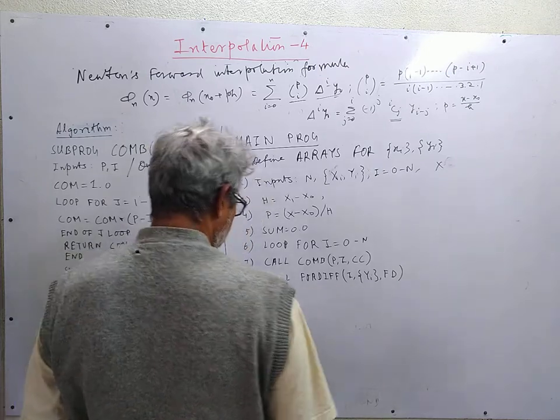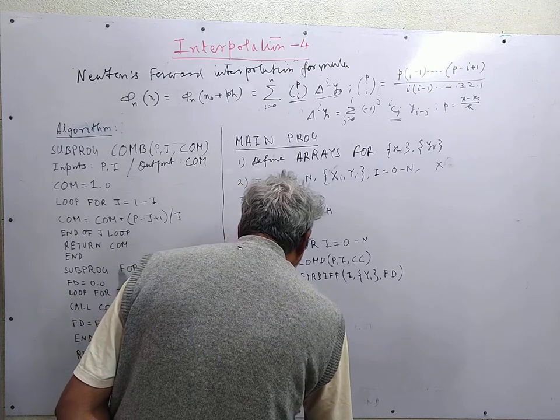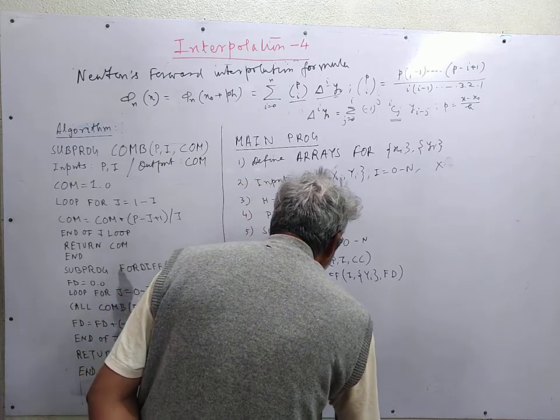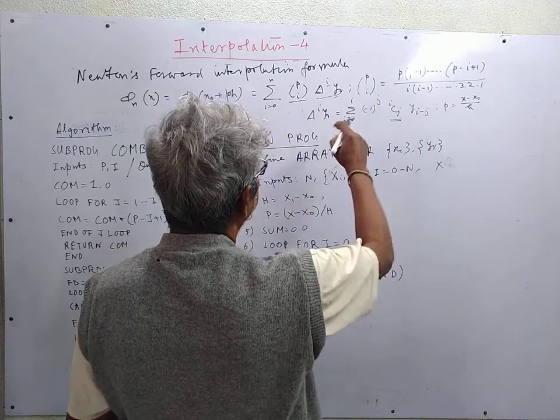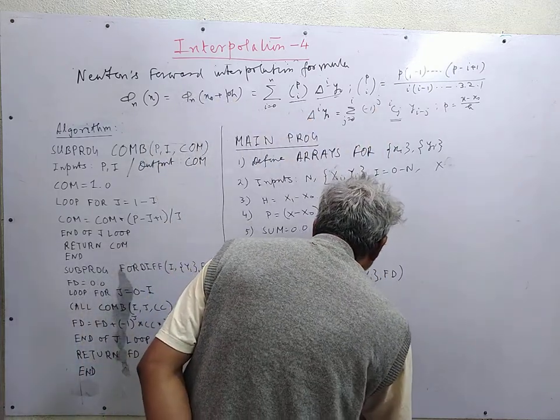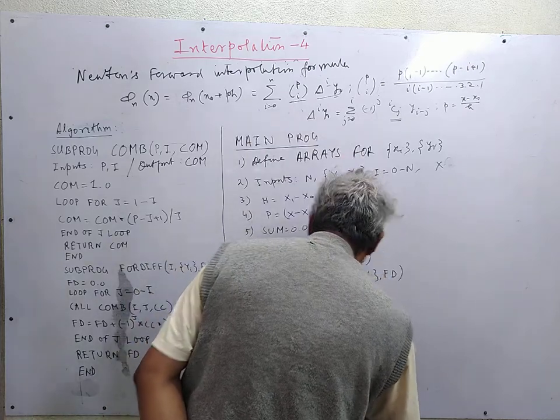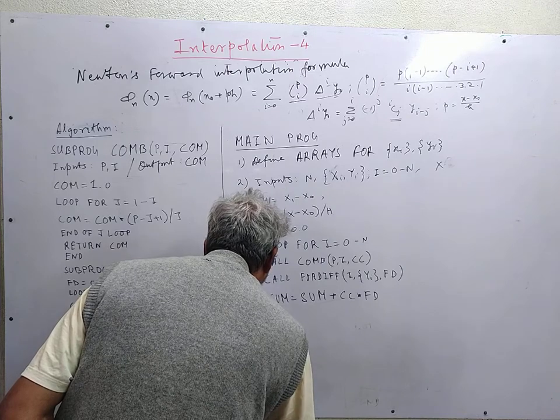Then the sum is redefined as sum plus this part, CC, times this part, FD. End of I loop.